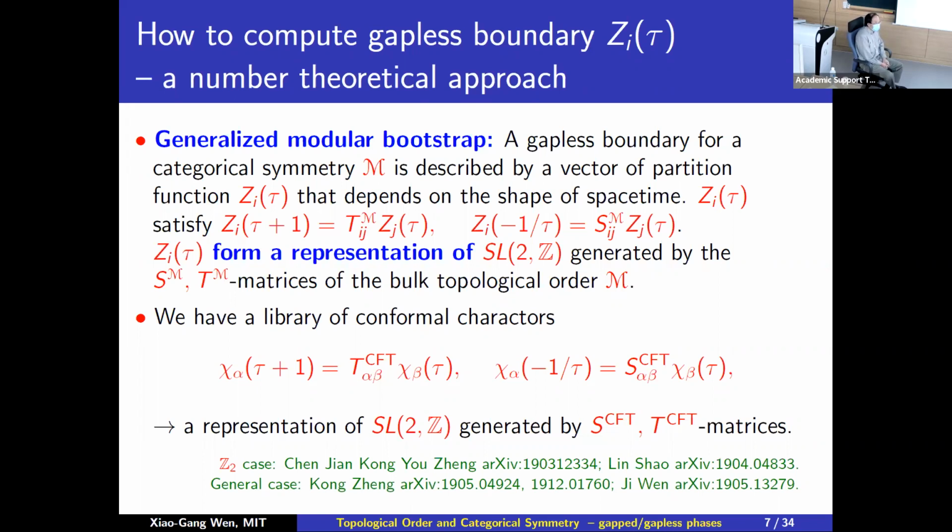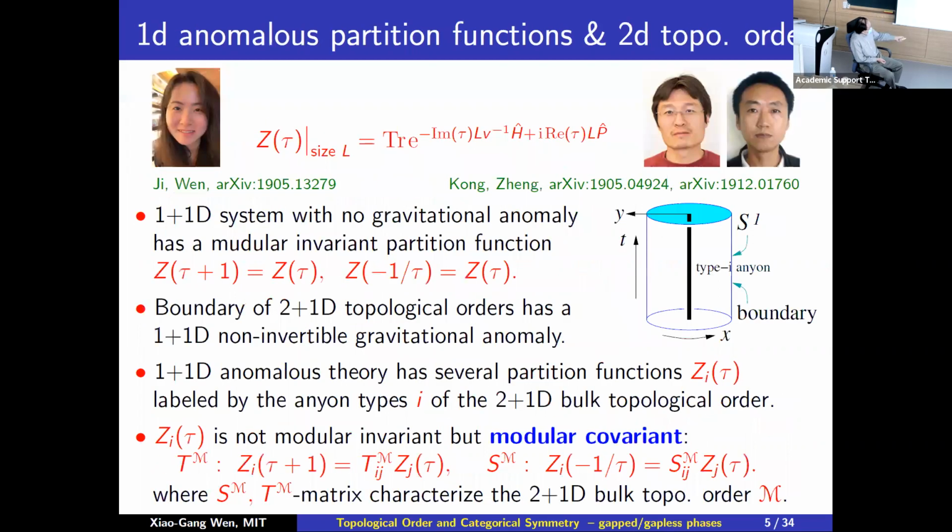Frankly speaking, maybe I don't quite catch the bulk boundary correspondence here. What is the precise meaning of bulk boundary correspondence here? ZI is a boundary partition function. SMTM is the bulk. That's how the boundary and bulk are related.